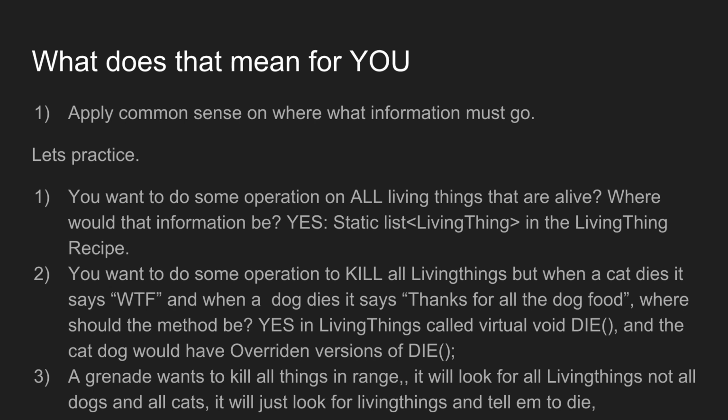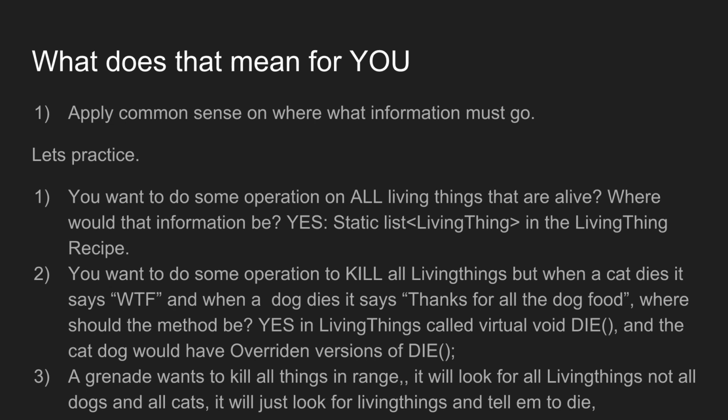So let's practice. I wrote a few things on the fly to practice that kind of conceptualization. So question number one, you want to do some kind of operation on all living things that are alive. Okay? Now, where would that information be? You want a list of all living things that are alive.